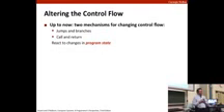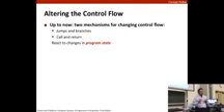That's branches and jumps, and procedure call and return. Those are reacting to changes in program state. So when you do a branch, you check the condition codes, and then based on the results of that comparison, you do the branch.